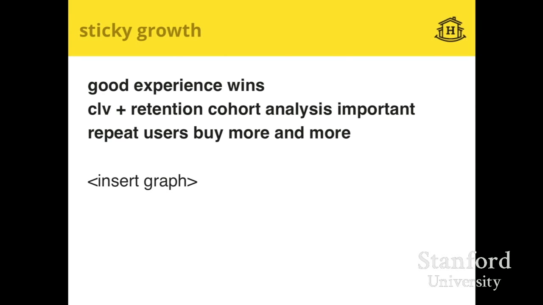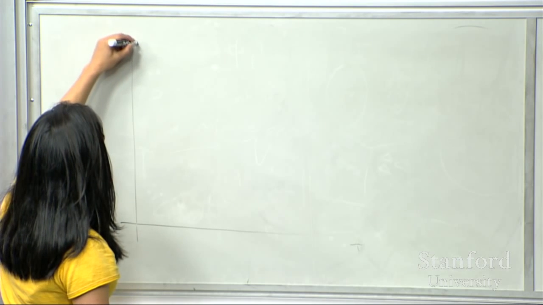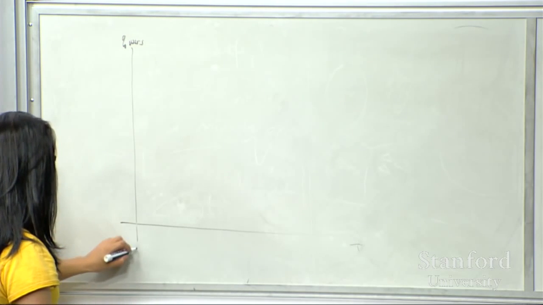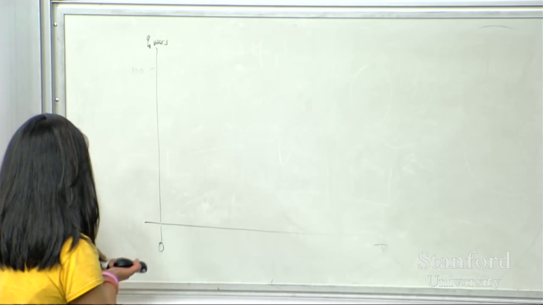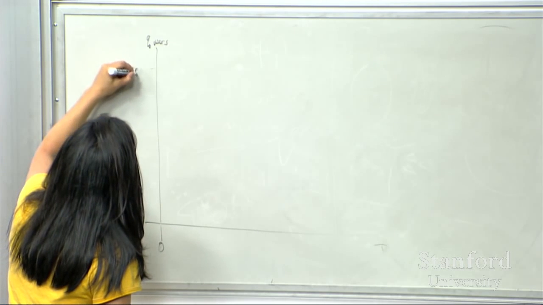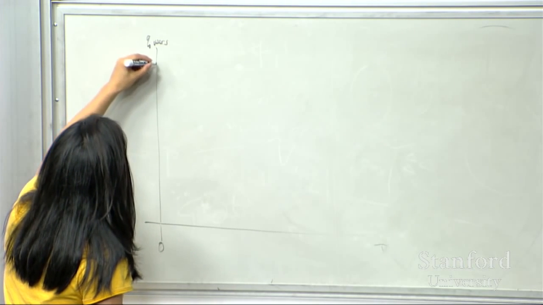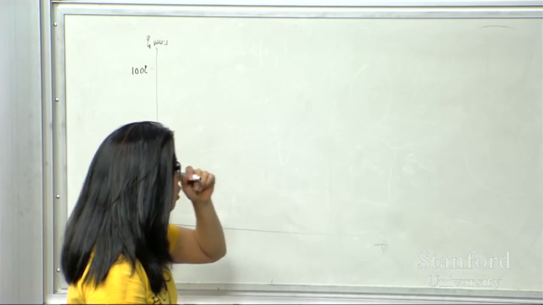So when I say cohort, basically what you're looking at is, this is time, and this is percent of users coming back to you. So at time 0, period 0, we're at 100%. Cohort is another name for customer segments.